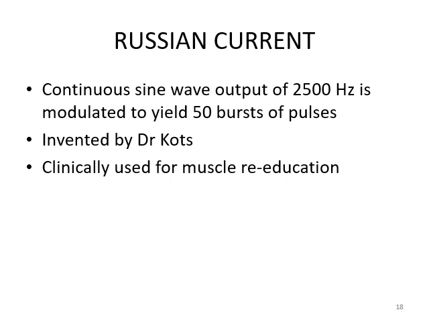Next type of current is Russian current. It is named Russian because it was invented by Dr. Kotz, who was from Russia, and when it was first used, benefits were claimed for the participants in the Olympics around 1970, and Russia won most of the gold medals, or a major number of gold medals, and that's why from that time the current has gained popularity, that these currents can be used to strengthen the muscles.